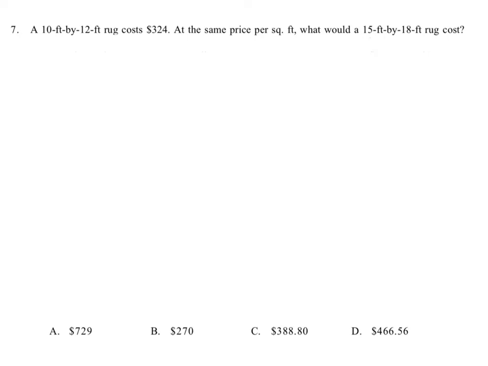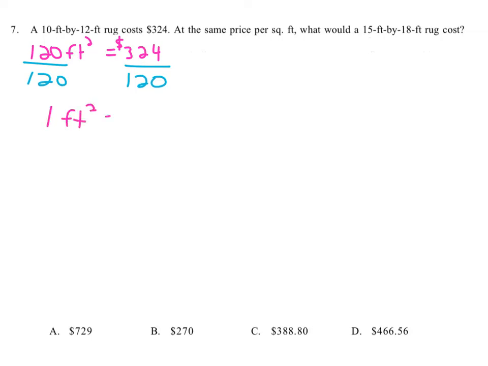Now, let's do the same thing. We've got a 10 by 12 rug. A 10 by 12 rug has 120 square feet, and that equals $324. Okay, so if you then divide both sides by 120, you would find out, for 1 square foot, how much are you paying?